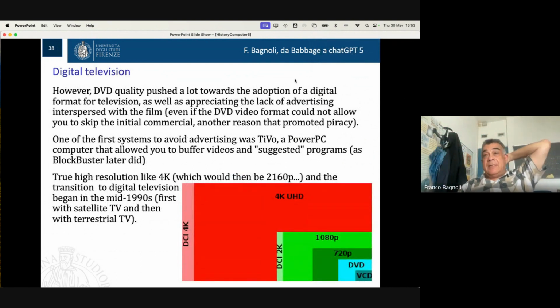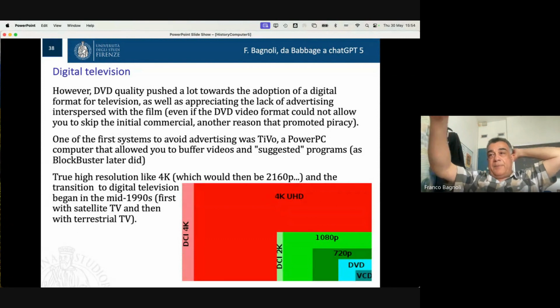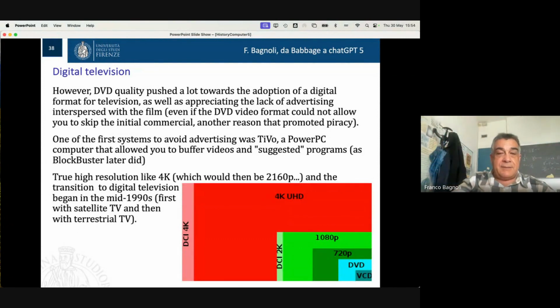And clearly, there are a lot of other phenomena that I can skip. But for instance, I remember that at that time devices like TiVo started to appear, which allowed television programs to be locally stored, so that one could skip advertisements. It had a button for skipping 30 seconds.